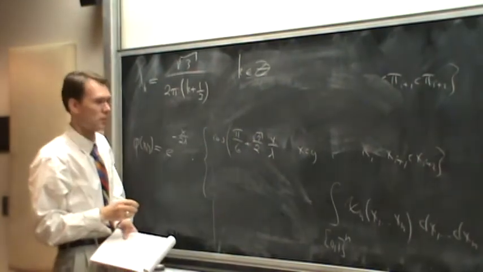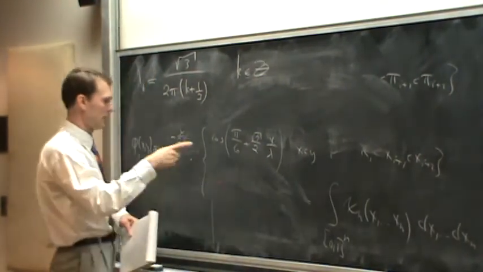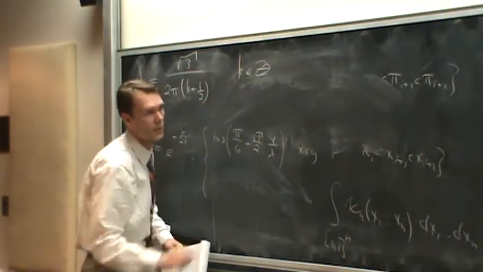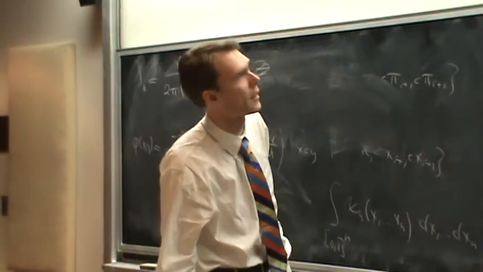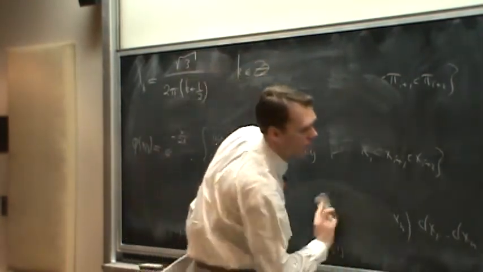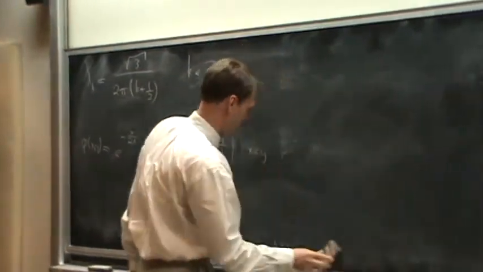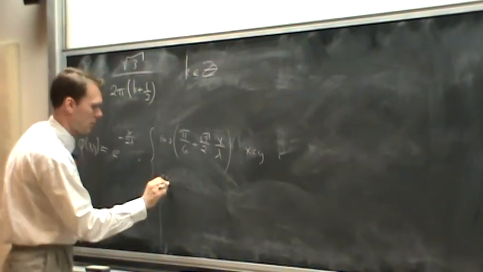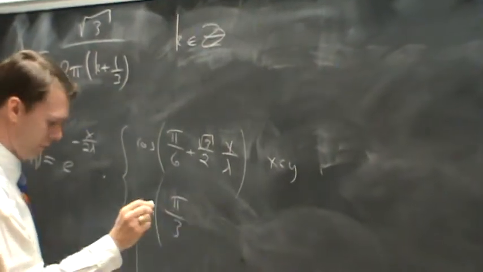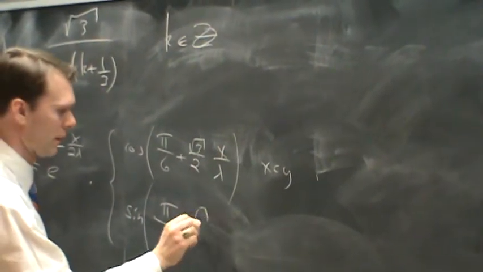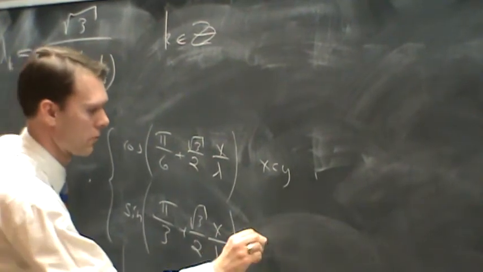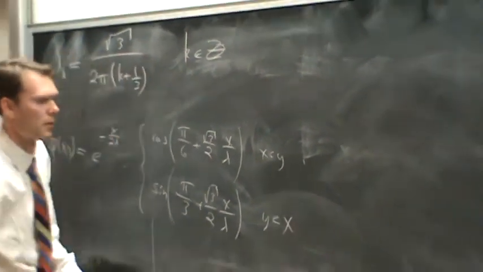There's no y in the function, but it's y here. I mean, yeah, p and q. Okay, I lost my unit square, but and sine of pi over 3 plus the same thing here, square root of 3 over 2 x over lambda, which is for y less than x.